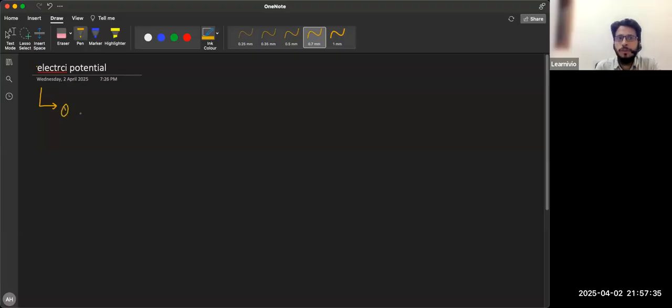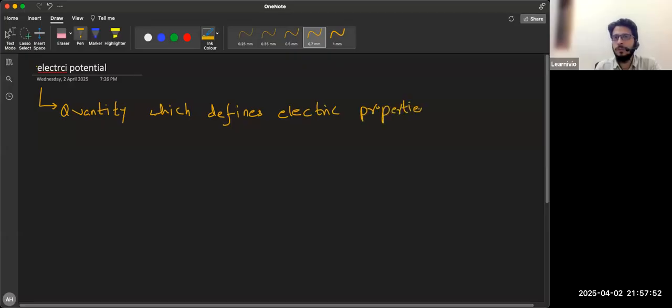So it's a quantity which defines electric properties around a charge in scalar form.